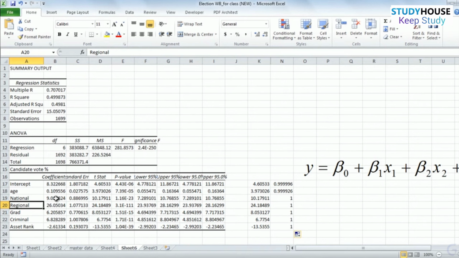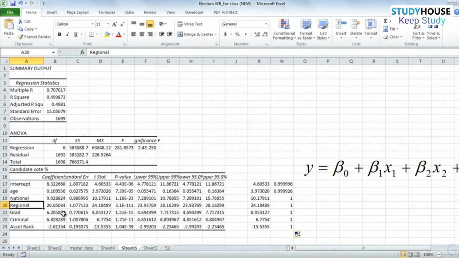Remember, this result is only for the assembly election of West Bengal 2011. We cannot use that to predict what is going to happen in the Lok Sabha elections or assembly elections in some other states. This is only for a specific problem.